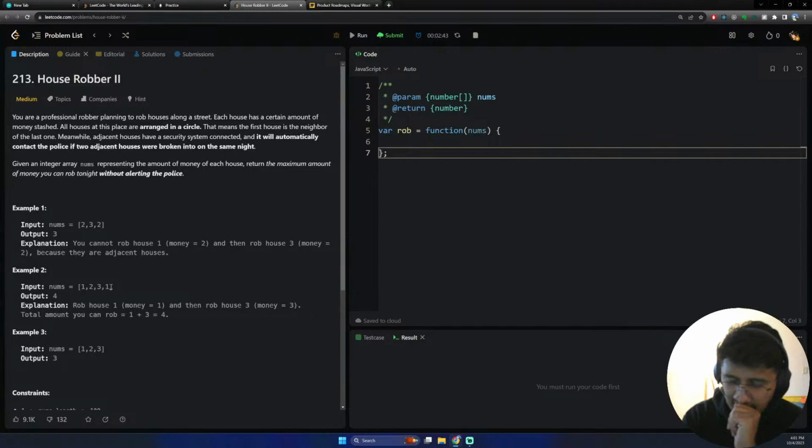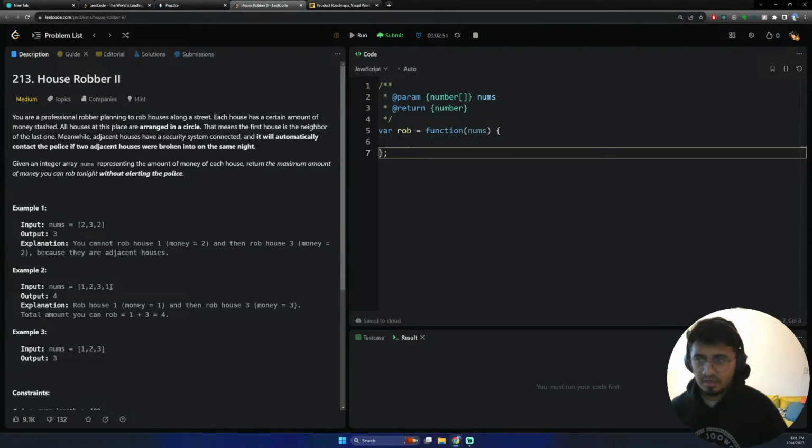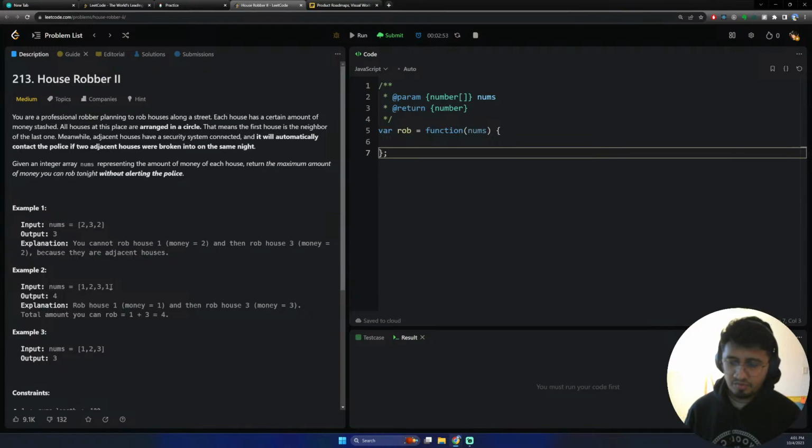So in the last question, what we did was, from the start itself, we were calculating the maximum number of houses that we can rob from, and then we were continuing that ahead, right? So what should be done in this case?